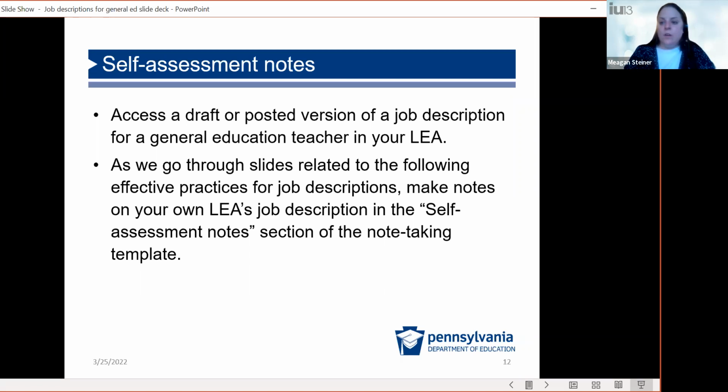And as we go through the coming slides related to following effective practices for job descriptions, you can make notes right in the self-assessment template about your own LEA's job description in terms of what you think is going well and what you think you could improve upon based on the practices I'll mention and the examples I'll refer to.